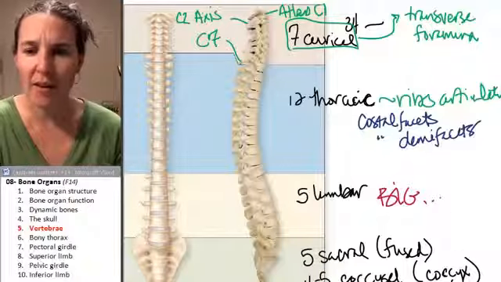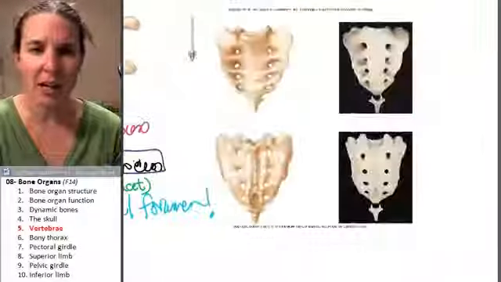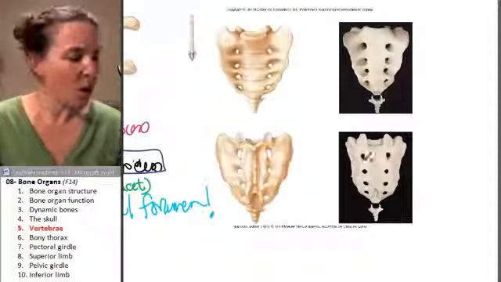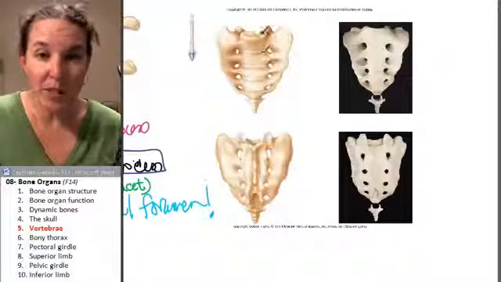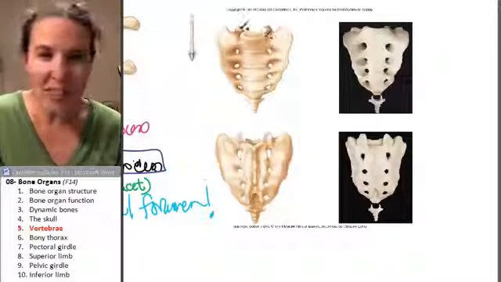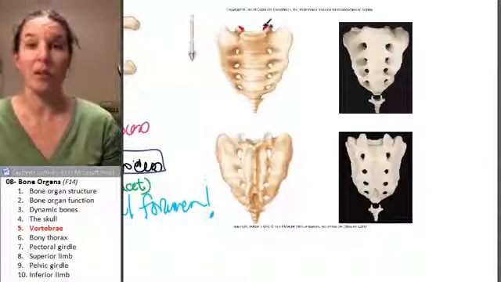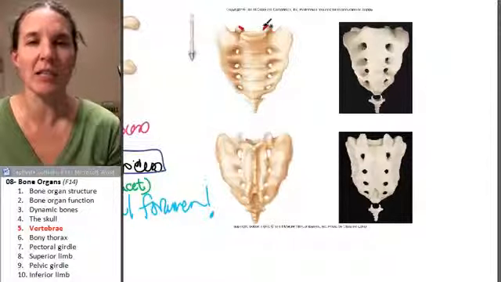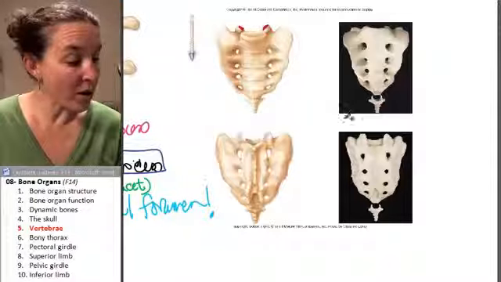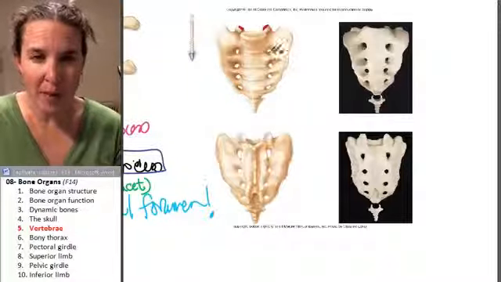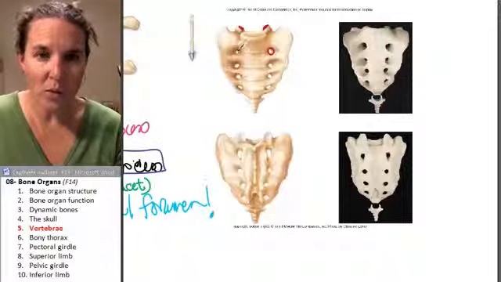I do have a sacrum picture, so we can look at the parts of the sacrum. We have the superior articular processes, and those are these things. And this is just where L5 articulates with the sacrum. We also have the sacral foramina, and those are these holes right here.